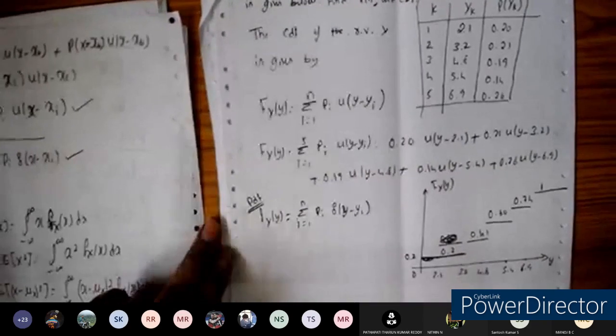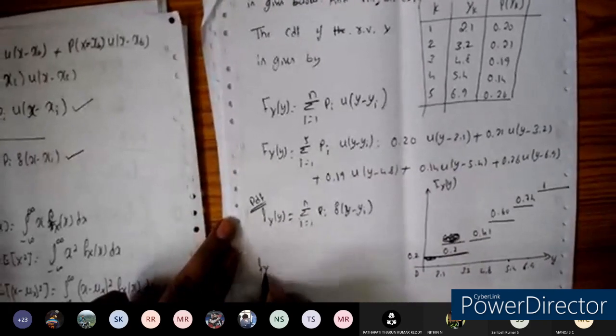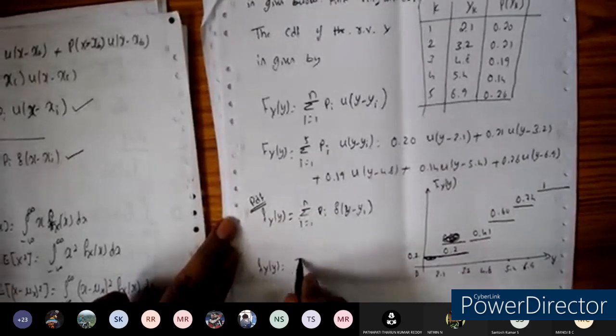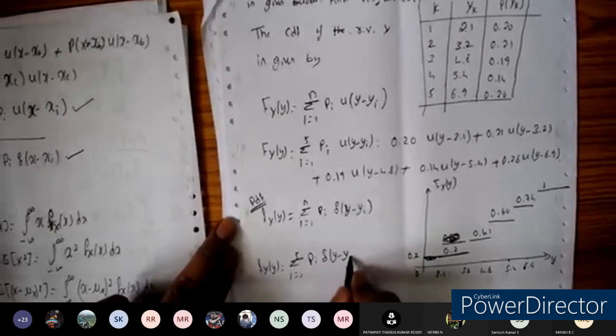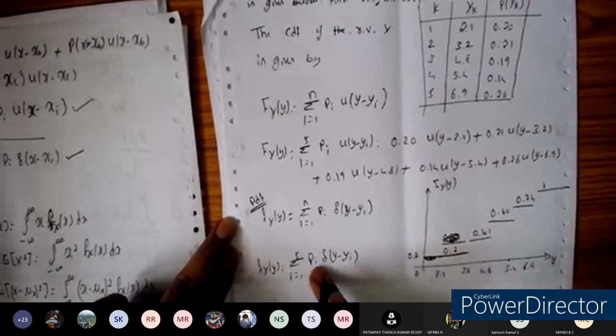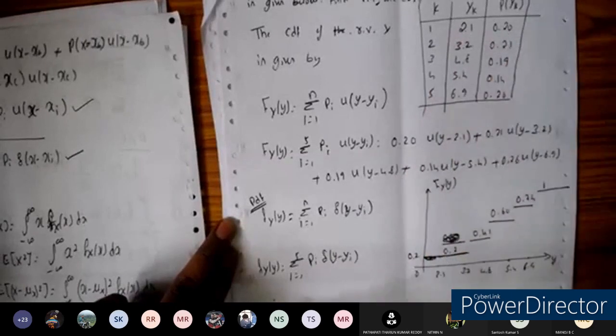Okay, so expand this one. fY of y is equal to summation i equal to 1 to 5 of pi into delta of y minus yi. So if you expand, substitute the corresponding probabilities.